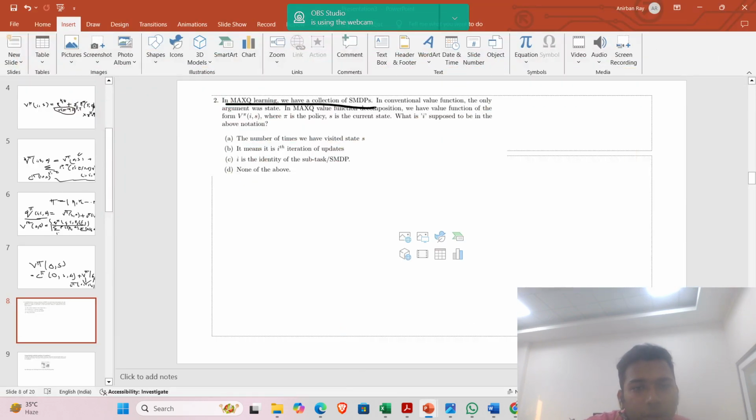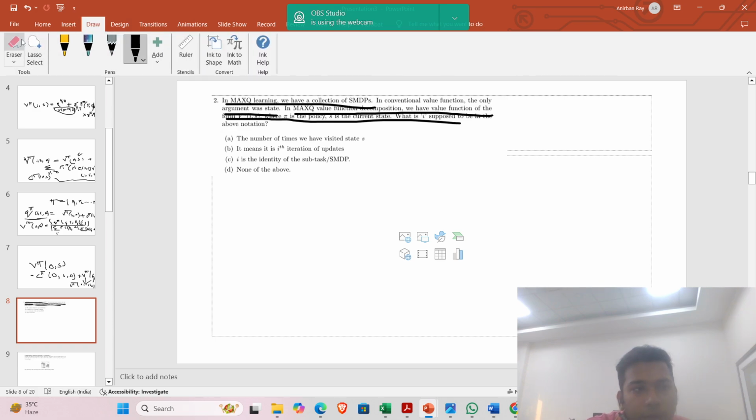That's correct. In the conventional value function the only argument was state. In MAXQ learning function decomposition we have the value function V, where pi is the policy and s is the state. What is i supposed to be in the above notation? So what does i mean here? That is the question we have here.